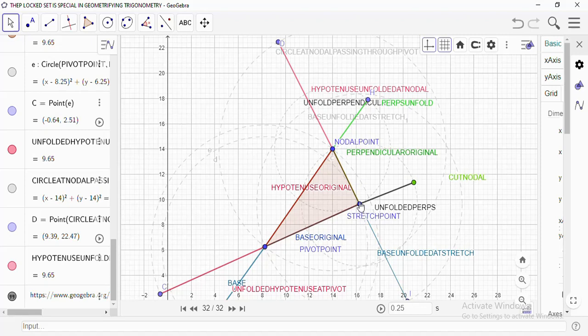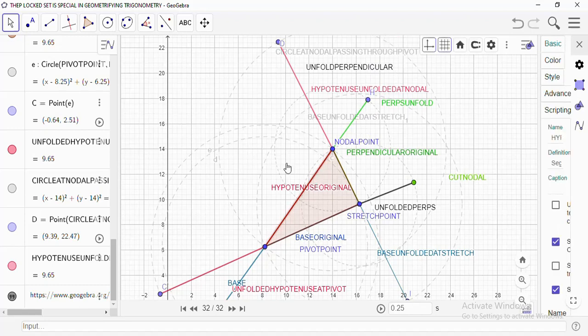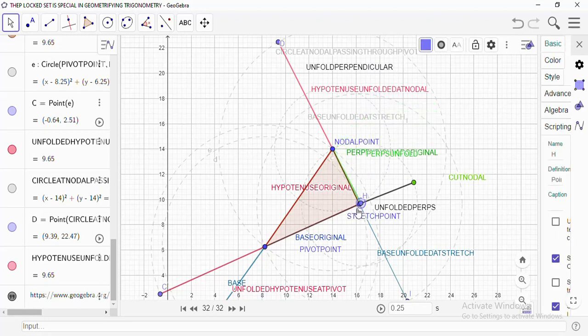If we cut the node at the stretch point, then we have already held the hypotenuse, and when we cut the point at the stretch point, the perpendicular behaves like a spring and it straightens and gets aligned with the hypotenuse.